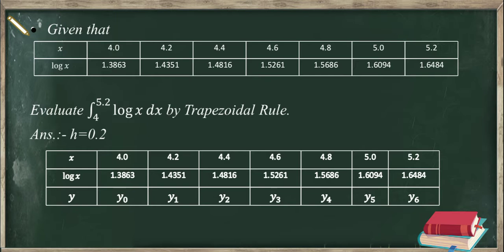We observe that h is equal to 0.2. Rewrite the table of x and log x: y0 is 1.3863, y1 is 1.4351, y2 is 1.4816, y3 is 1.5261, y4 is 1.5686, y5 is 1.6094, y6 is 1.6484.